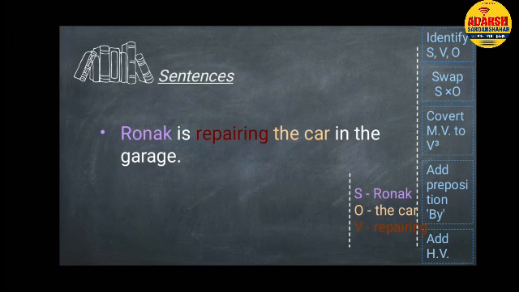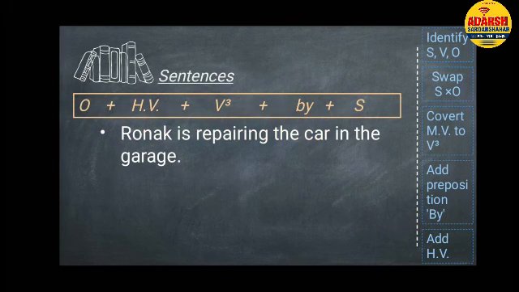Now let us revise our formula, which is object plus helping verb plus verb's third form plus by plus subject. This is the formula of passive voice. Here you can see we have replaced subject and object and put verb's third form also and by according to our all 5 steps.